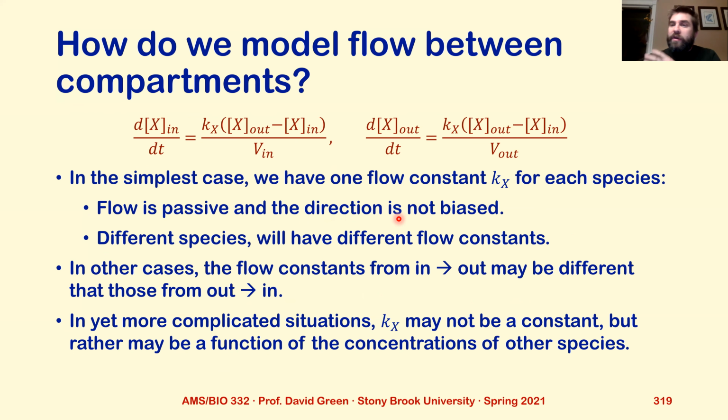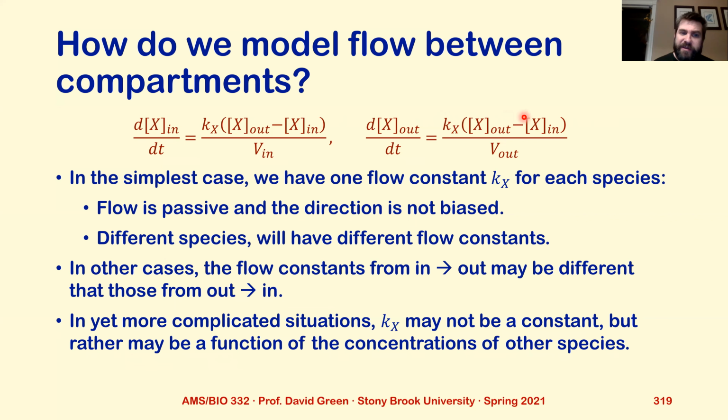That means that flow in one direction is equally likely as flow in the other direction if given the appropriate concentrations. Different species, however, will certainly have different flow constants. Some species are very membrane permeable and can cross a compartment wall more easily. Others are very, very highly restricted and may even have no flow. Right?